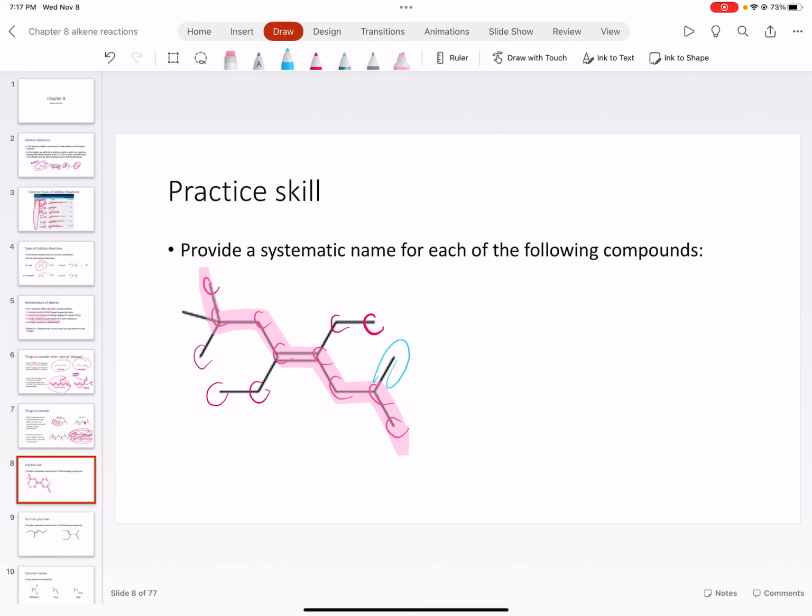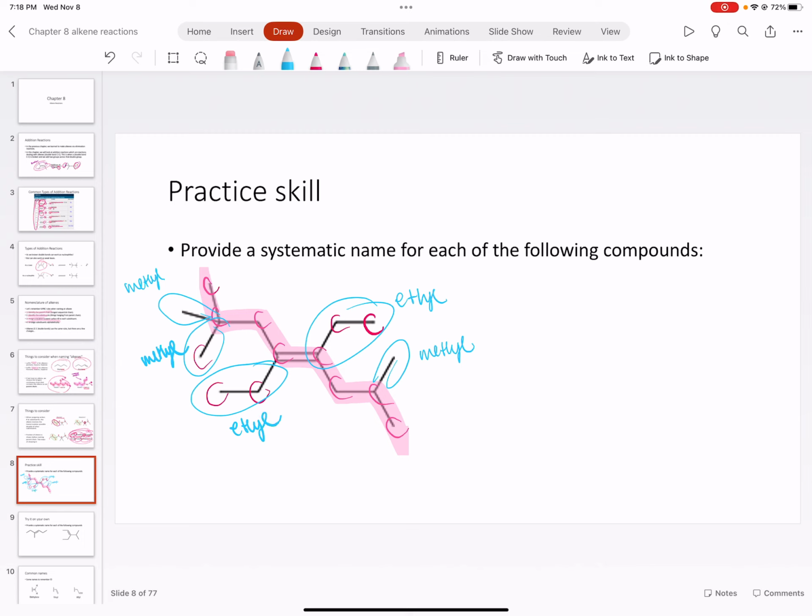This one's 1, 2, 3, 4, 5. Okay, so I know this one's a methyl, I know this one's a methyl, I know this one's a methyl, and I know the 2 carbons are ethyl.